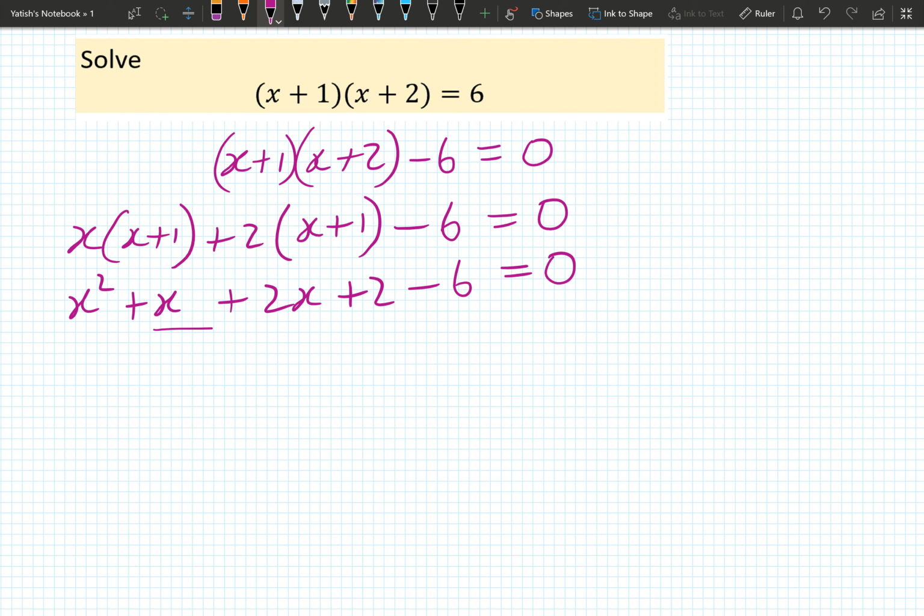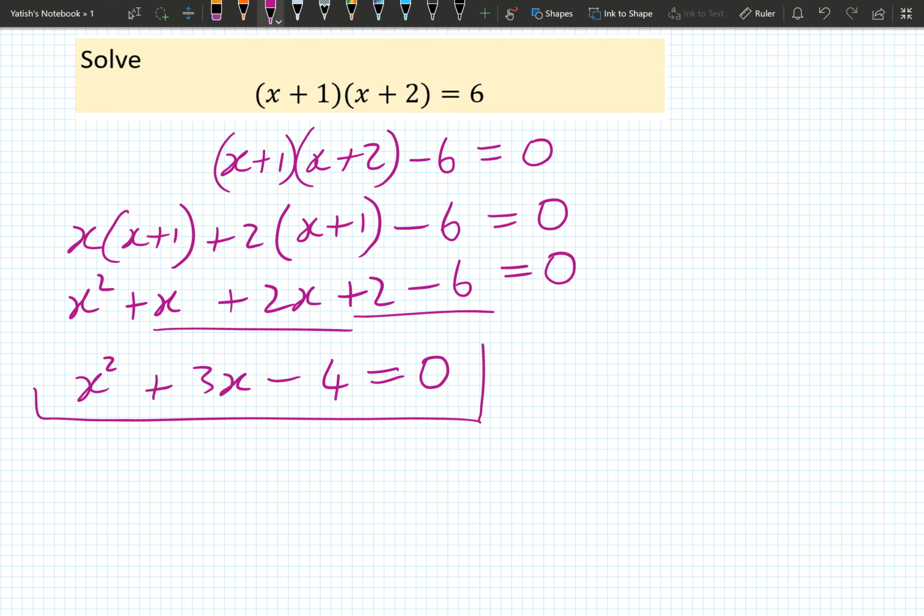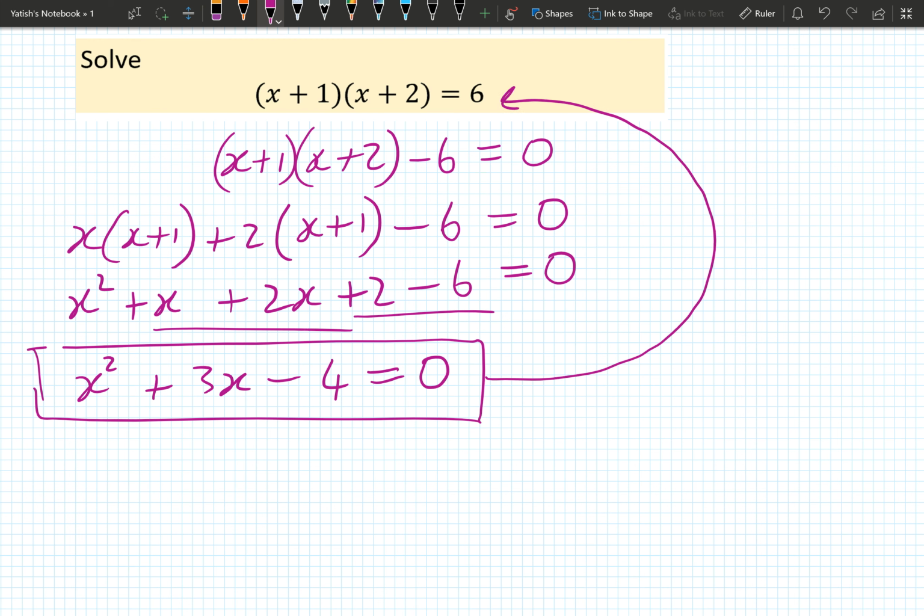We're going to simplify this now. So we get x squared plus 3x. And then positive 2 minus 6 is just negative 4 equals 0. And now we can factorize this quadratic here. This is actually equivalent to that here, because all we've done is expanded it and rearranged it.